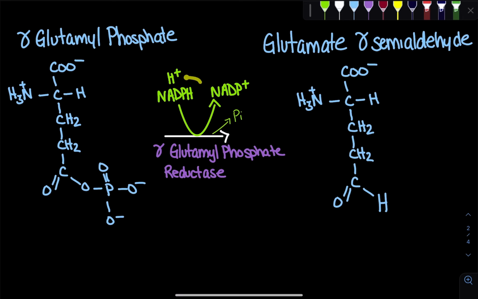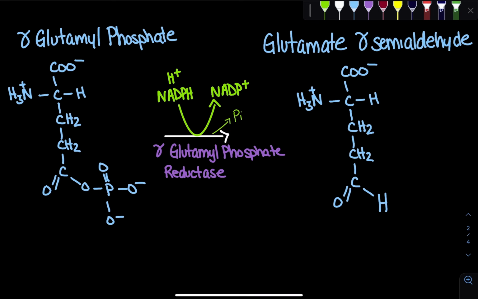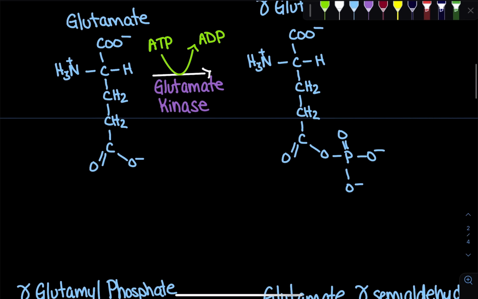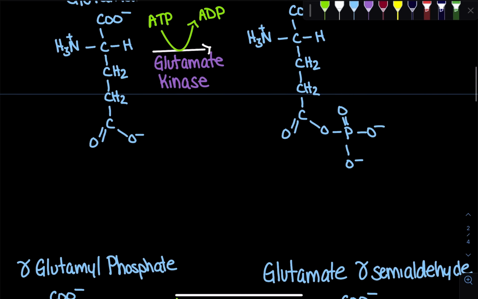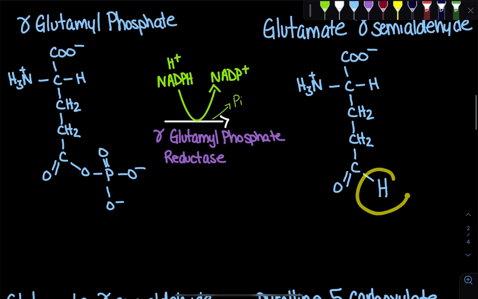NADPH is going to get oxidized into NAD+, and we lose that phosphate, and this reaction is catalyzed by gamma-glutamyl phosphate reductase. Gamma-glutamyl phosphate, it's in the name, and then reductase because we are reducing the gamma-glutamyl phosphate. So essentially the whole purpose of this phosphorylation and reduction was to get rid of this oxygen right over here. And now we have a hydrogen in that position.